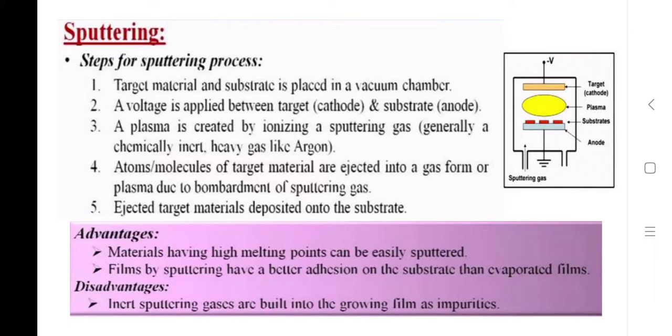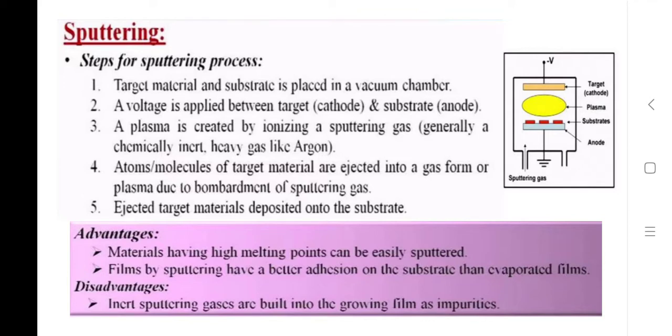If you see the diagram, there is a vacuum chamber where you put your substrate, then you put your target material or source material over there, and then you use certain kind of plasma. If voltage is applied between the target and the substrate, there is a potential difference between the cathode and the anode.